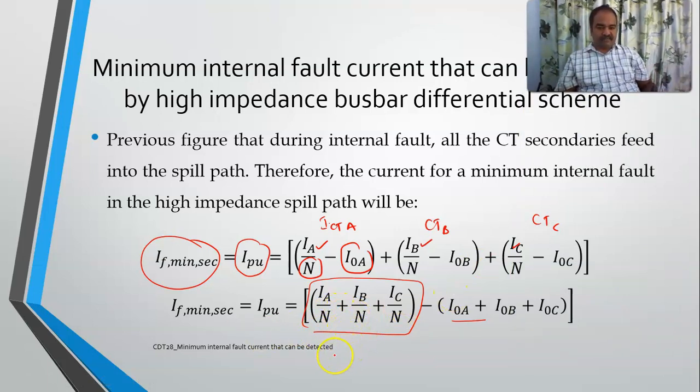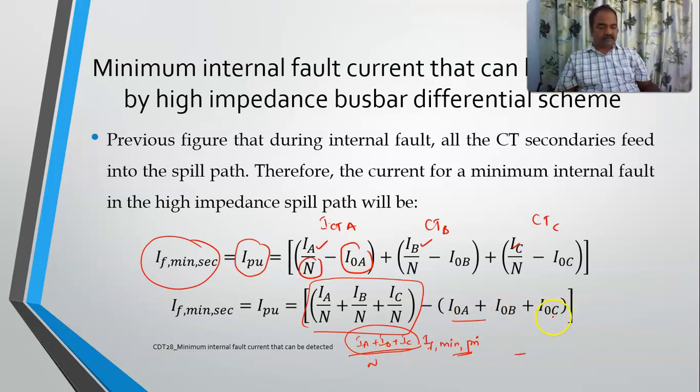If you carefully see, if I take these things as common, this is IA plus IB plus IC. This is what the fault current is. All the three currents from the feeders going into your fault resistance, isn't it? So this is your IF minimum primary side by N minus the magnetizing currents, right?